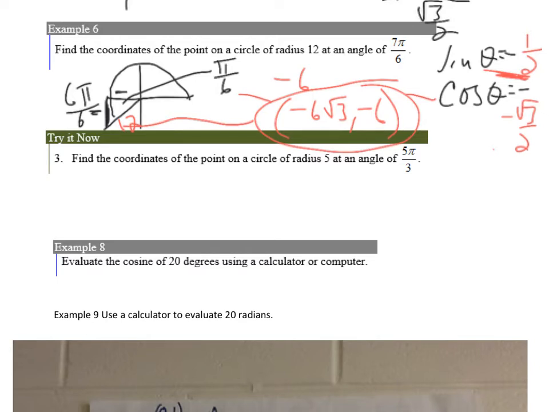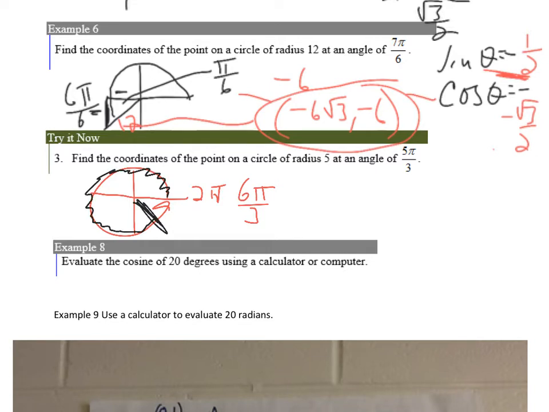So I know 5 pi over 3. Well, let's see. I know that 2 pi is all the way around, and if I want to make that so it's a denominator of 3, isn't that 6 pi over 3? So that tells me this angle of rotation is going to fall right about there.